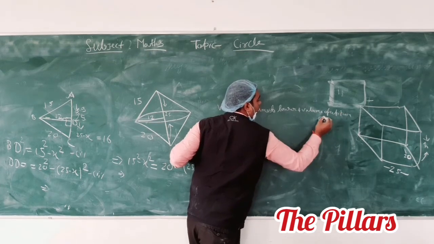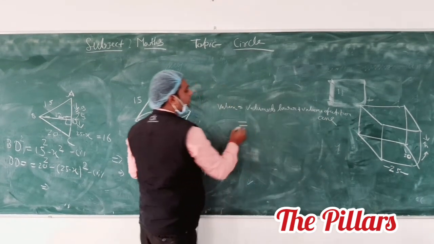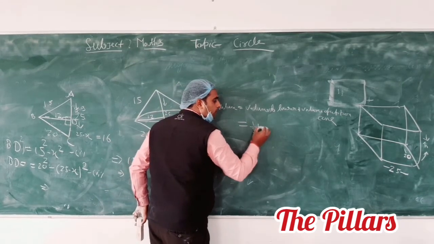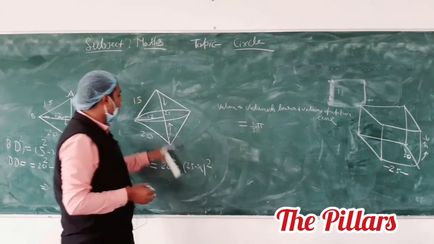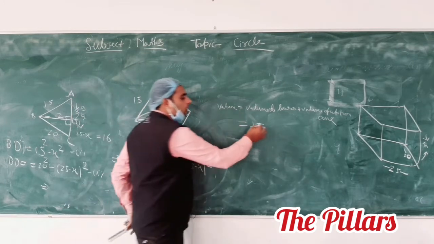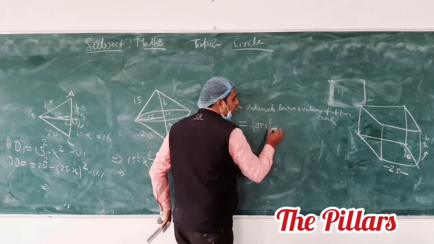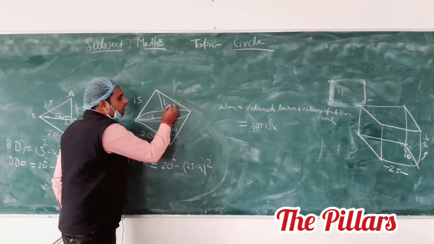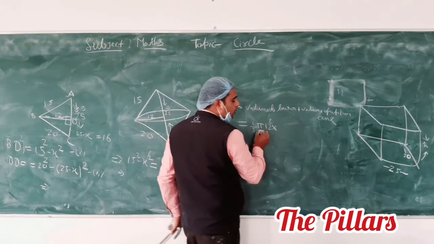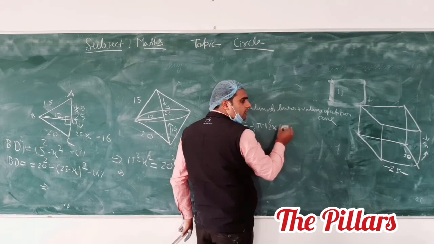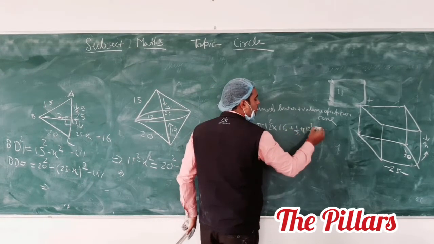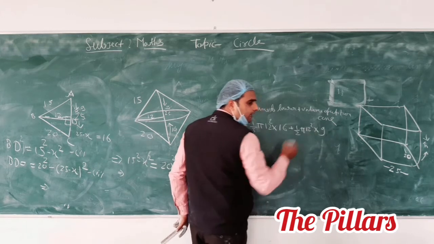The volume of the lower cone is 1 by 3 pi r square h. The value of r is 12, so 1 by 3 pi into 12 square. The value of h for the lower cone is 16 and for the upper is 9. So 1 by 3 pi into 12 square into 16 plus 1 by 3 pi into 12 square into 9. Till here, does anyone have any problem?